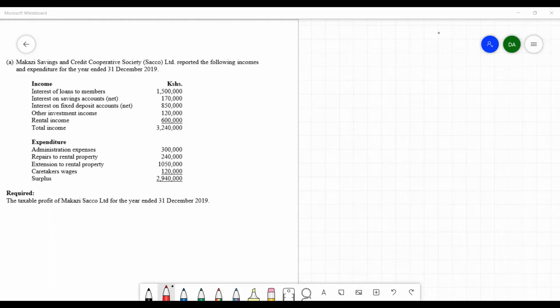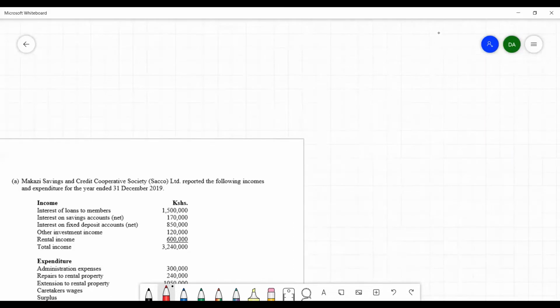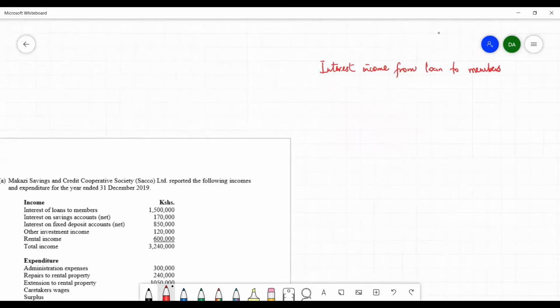To answer this question, we'll start by reminding ourselves about the taxable incomes of a Savings and Credit Cooperative Society. Savings and Credit Cooperative Societies have the following incomes. Interest income from members, or interest income from loans issued to members, is exempt from taxation.